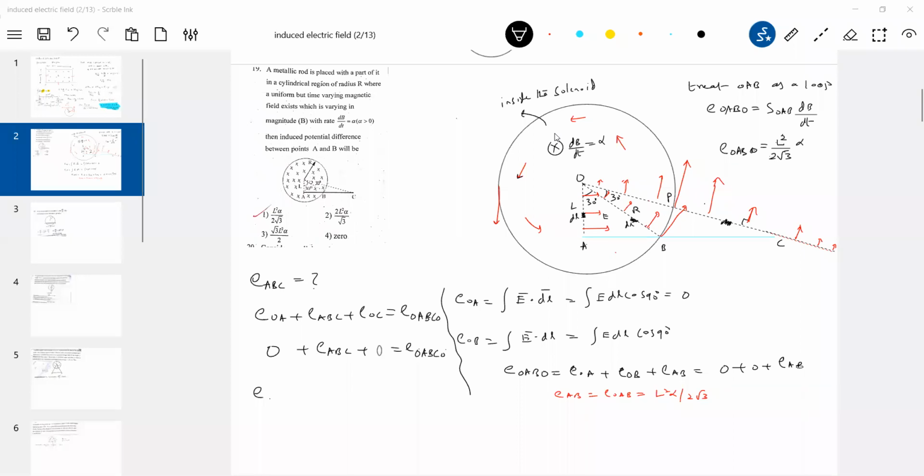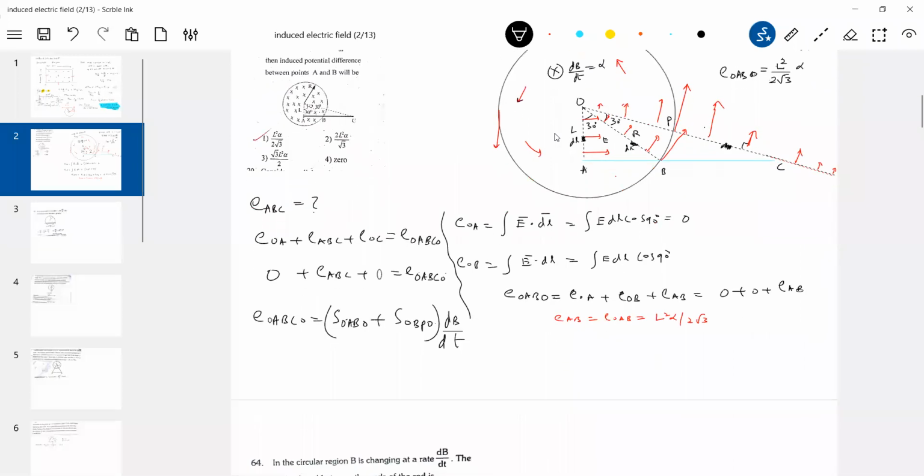And now how to calculate this one? Area of triangle S_OABO plus S_OBPO, I'm writing in small letters, into dB by dt. Let's write it. Area of the triangle, already we know it, no?